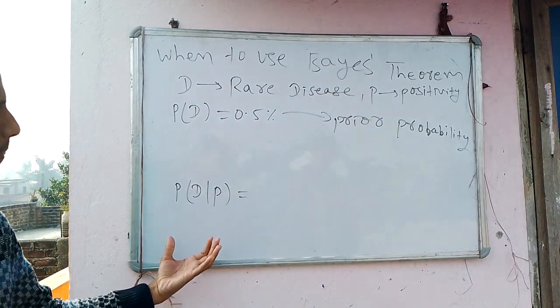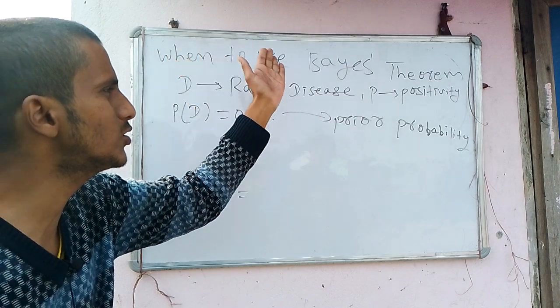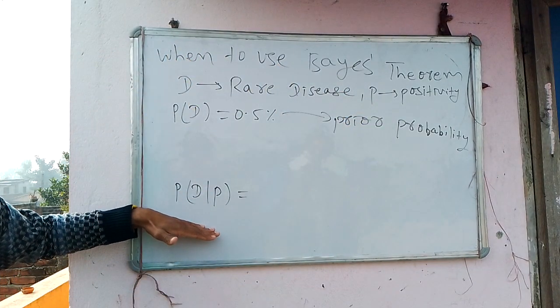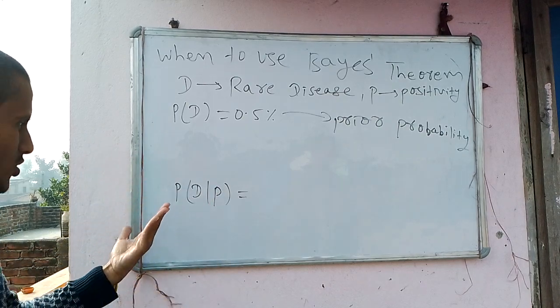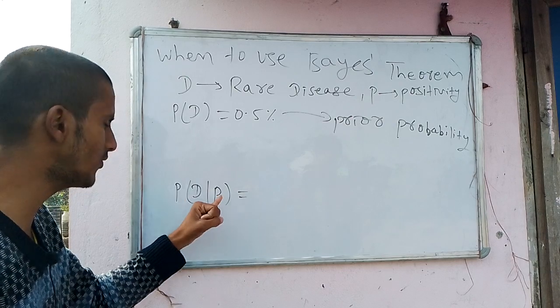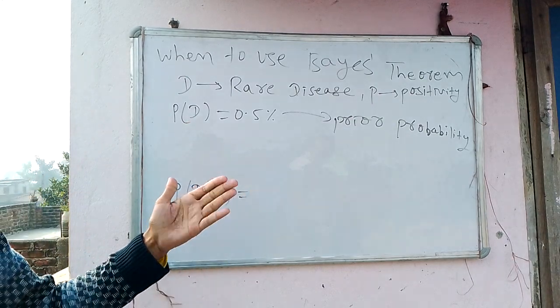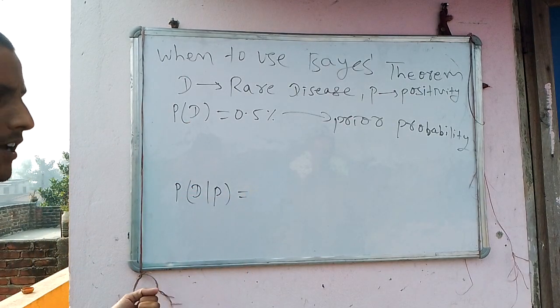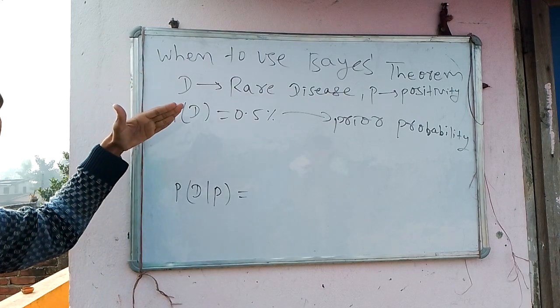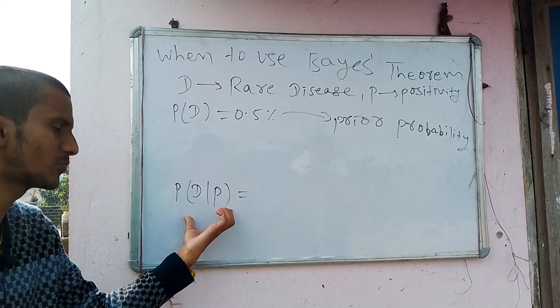For understanding when to use Bayes' theorem, you have to first form the question. You have to actually ask the right question. The question is, what is the probability of having the disease given that the person is positive for the disease? Now the next question might be, what other information do you need to figure out this probability?